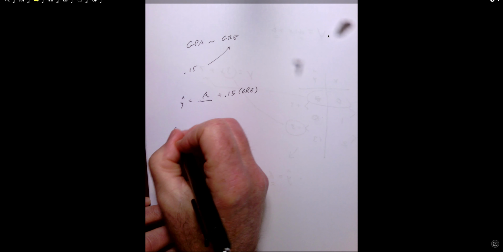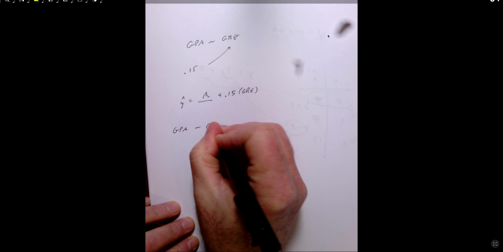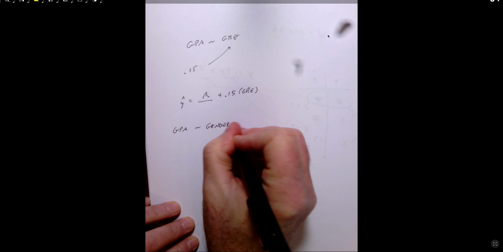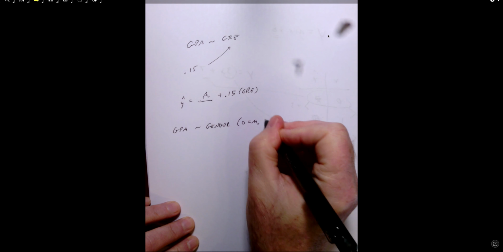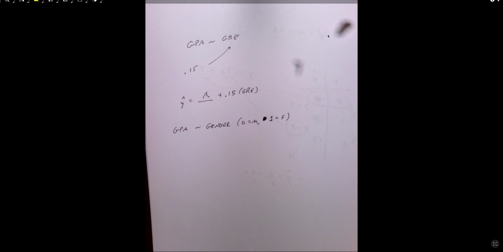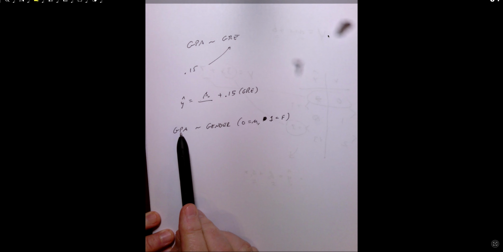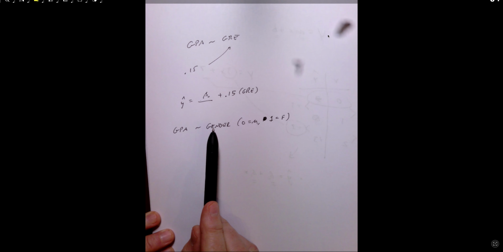Now let's say that we're predicting GPA. All right, so stay with me, guys. Now we're predicting GPA from gender. And again, I wouldn't do this. This is just for illustration purposes. If I was going to examine the relationship between gender and GPA, I'd probably run an unpooled 2-sample t-test, right?